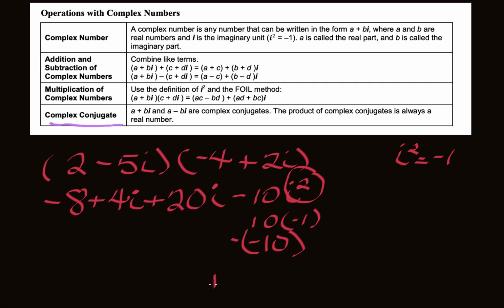So the whole thing looks like this: -8 plus 4i plus 20i is 24i plus 10. Well, I can put my -8 and my positive 10 together. So I have 2 plus 24i.